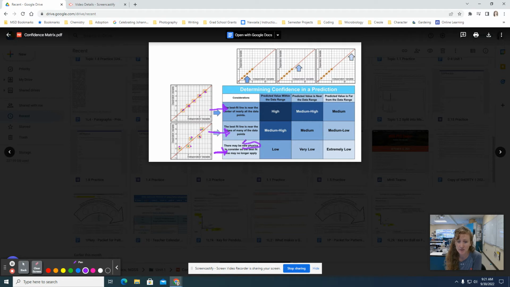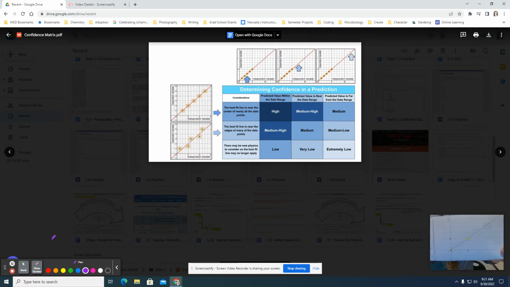and perhaps you need to consider another factor or another relationship instead of the one that you're looking at. So at this point in time, we would look at our graph. I'll give you an example graph here. So here's my graph.